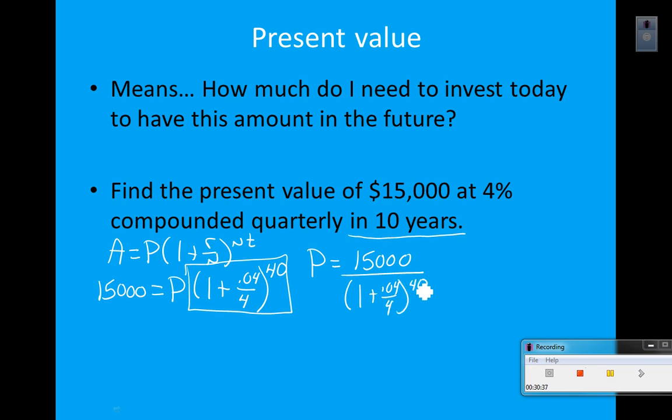And when you run that through, you better get something less than 15,000. When I run that through, guys, I got about $10,074.80. So if I invested about $10,000 today at 4% compounded quarterly, in 10 years I would have my $15,000. I've got one more example like that that I'll mention in the assignment, and I am done.